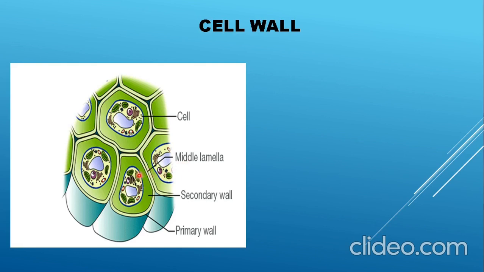Inner to the middle lamella is the secondary cell wall, and outer to the secondary cell wall we have the primary wall. So: middle lamella, primary wall, and then the secondary wall. This blue layer represents the cell membrane.